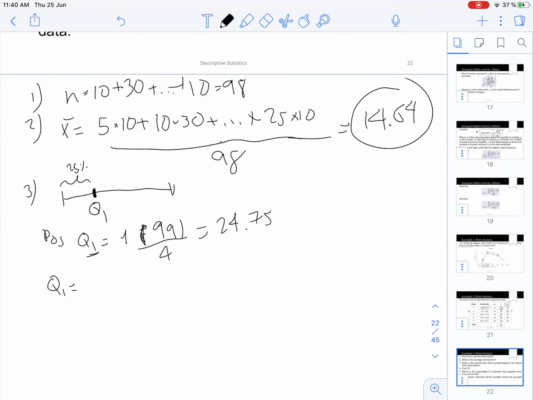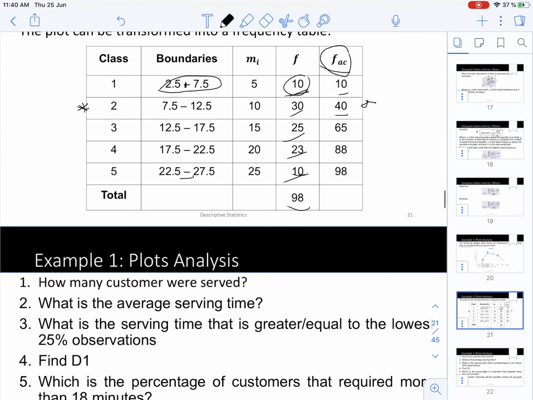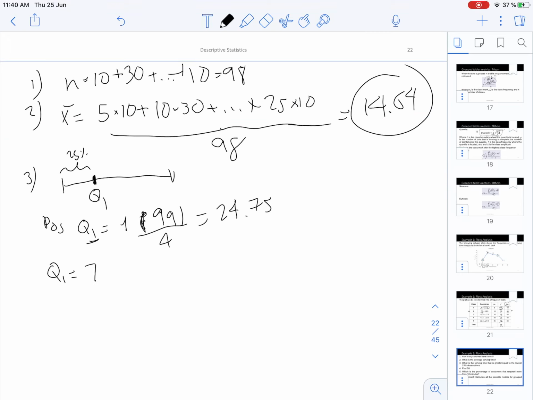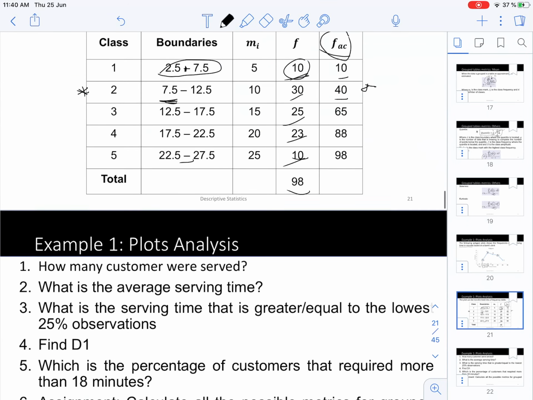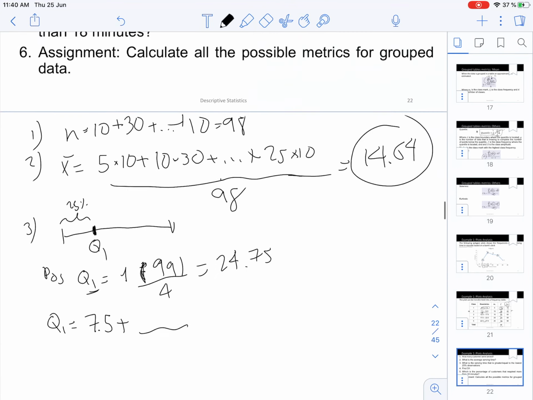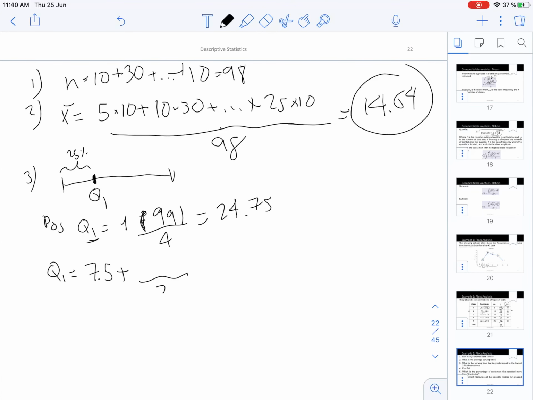All right, so the lower boundary, L, is 7.5, that's the lower boundary in the second class. 7.5 plus, let's see the easy information. The frequency is 30 and the amplitude is the distance between lower and upper boundaries, right? So that will be 5. Then we know the F information is 30 and the amplitude multiplies this.